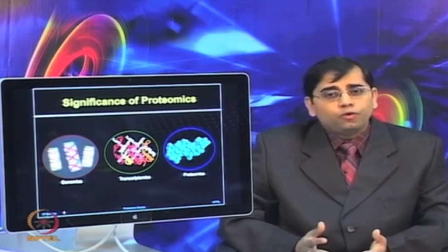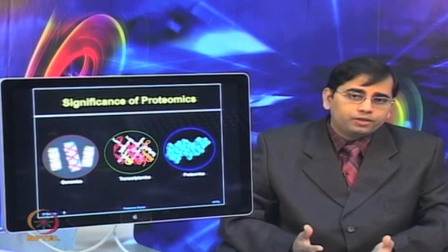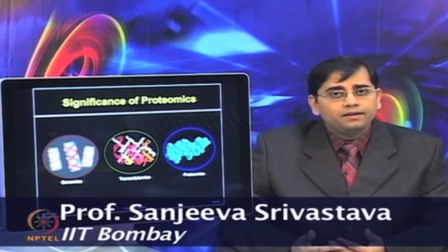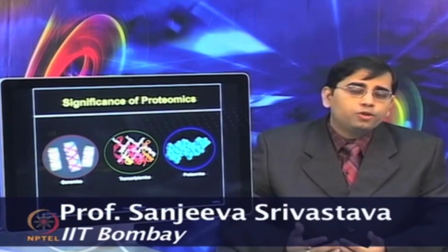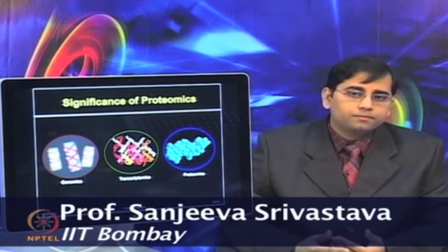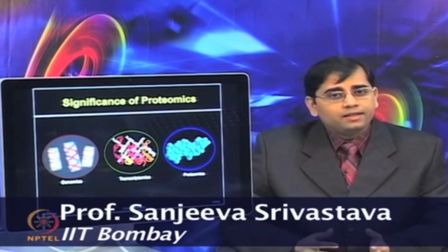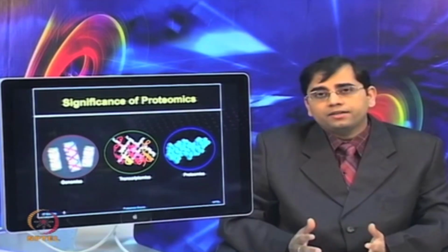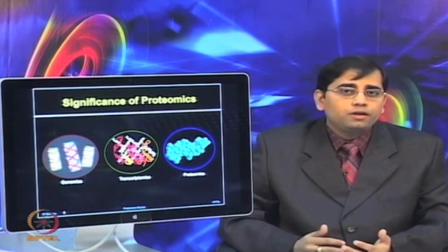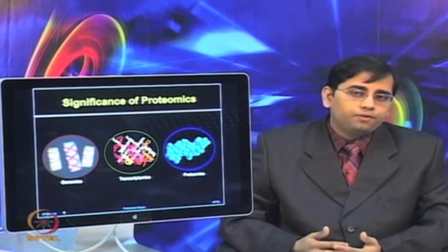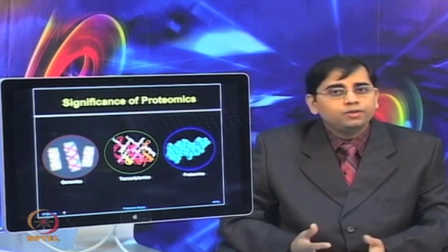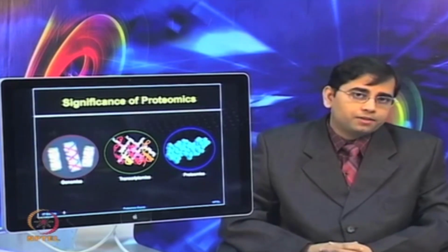A gene can code for several types of proteins because of alternative splicing and post transcriptional and post translational modifications. Therefore, it suggests that studying proteins is more challenging than studying the genome or transcriptome. Therefore, proteomics has great significance to understand biological systems.